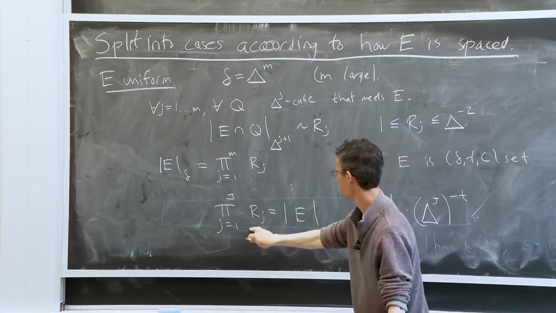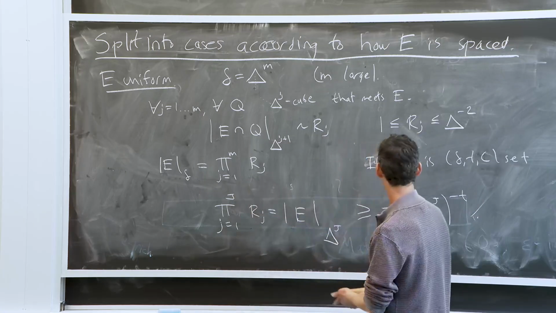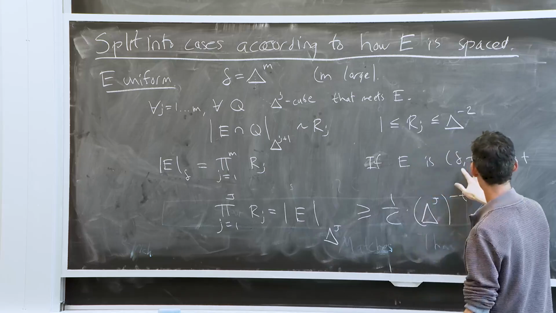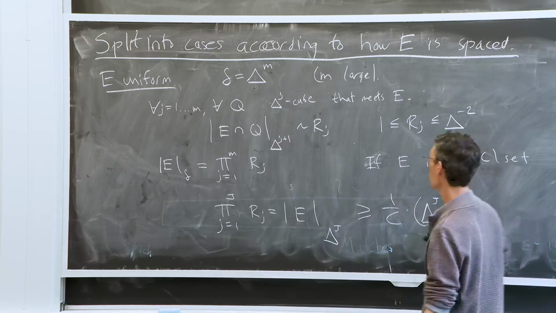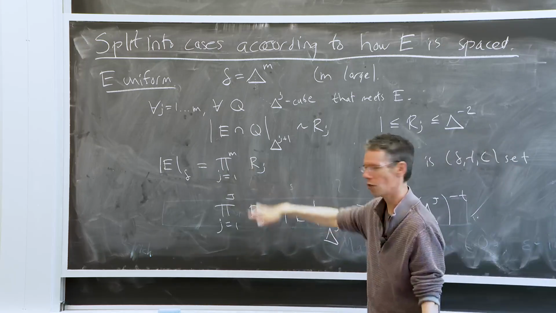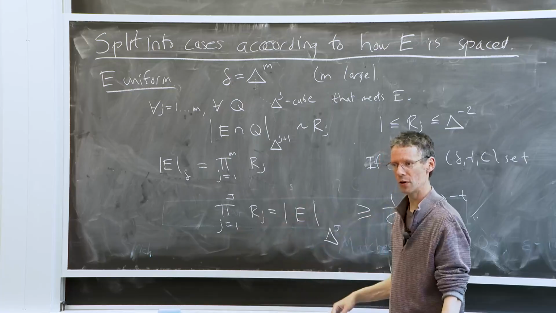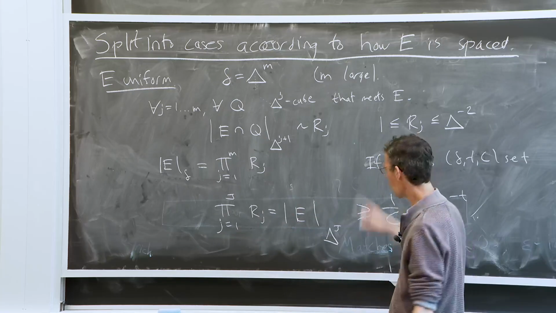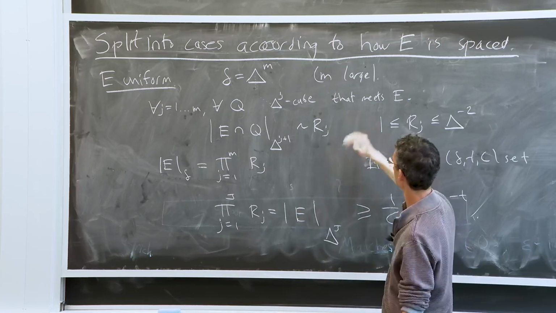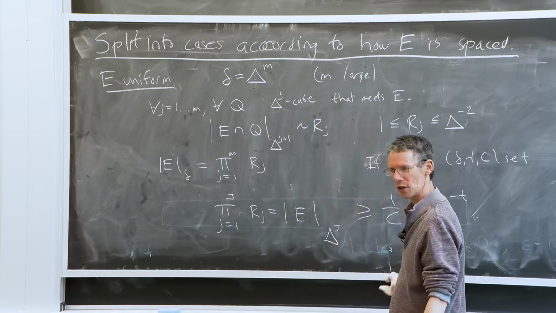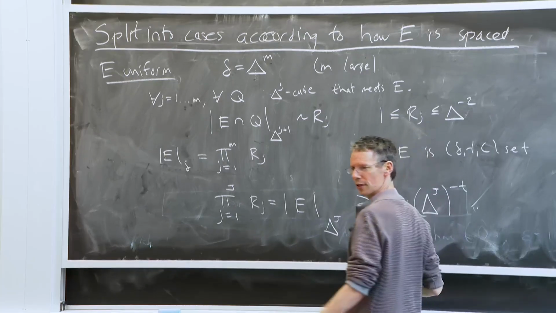So that gives some information about these products. And being a delta t C set is equivalent to this information about these products. And so there are many ways that they could look. OK, let me put up a couple of examples, which also should hopefully clarify everything on this board. And then we pause for questions.